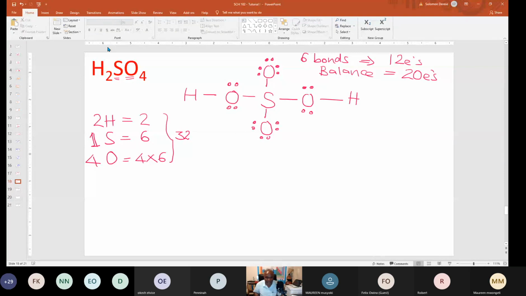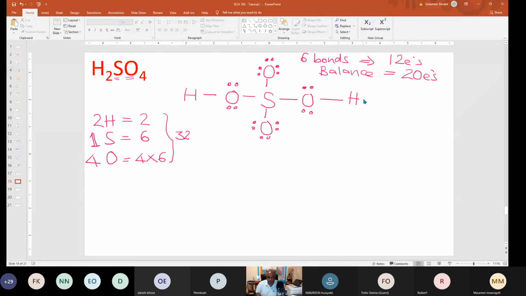Now tell me, guys, are there any electrons left in here? No. They are all used. Is this a valid Lewis structure for sulfuric acid?